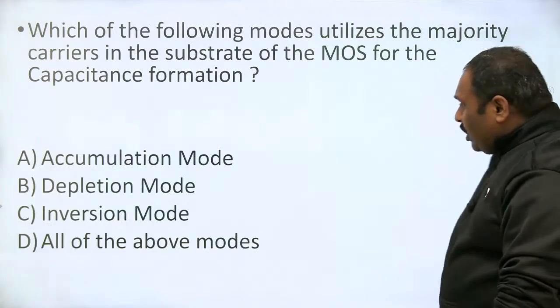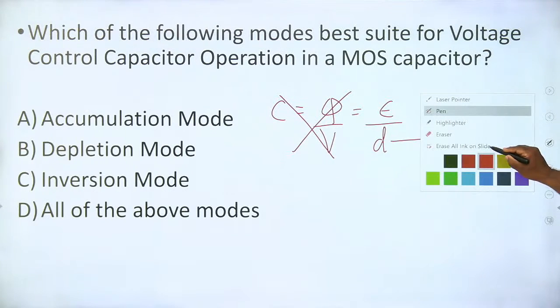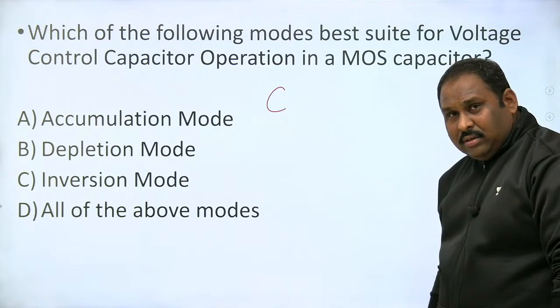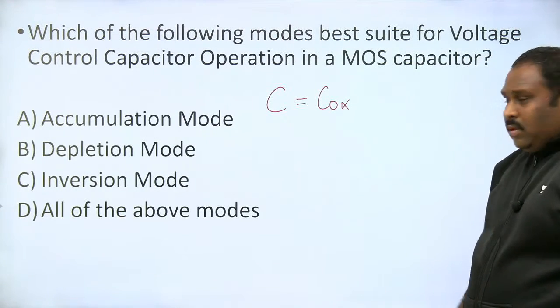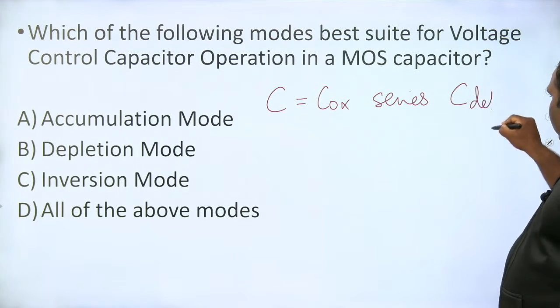So this is a very crucial point, students. This is a very critical point. कि point ये है कि now your capacitance is the COX coming in series to the capacitance because of the depletion region.